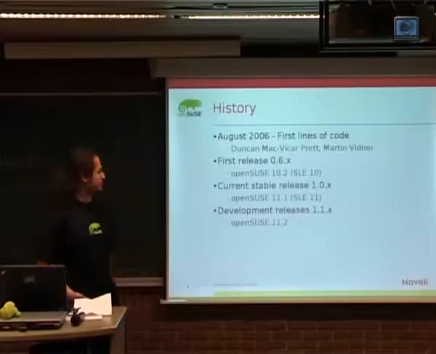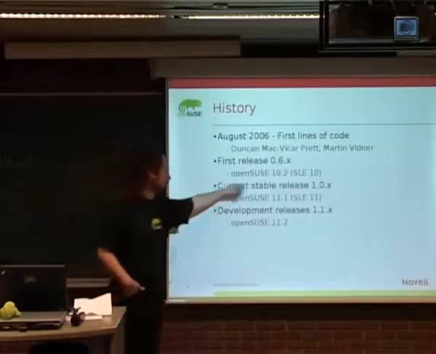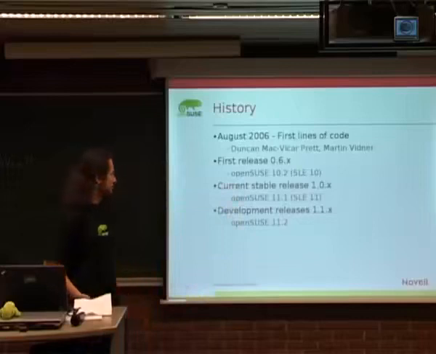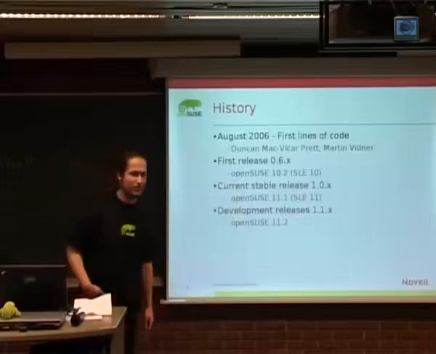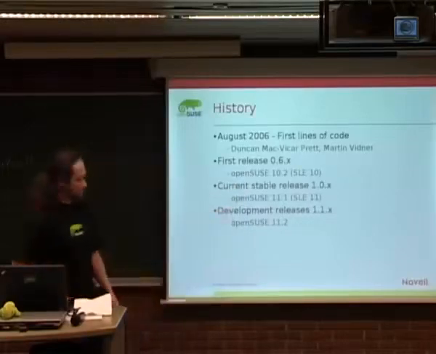And a few months later, at the end of 2006, Zypper was first released in an openSUSE 10.2 distribution. Current stable release is in openSUSE 11.1, and it's version 1.0, and development releases are versioned 1.1.